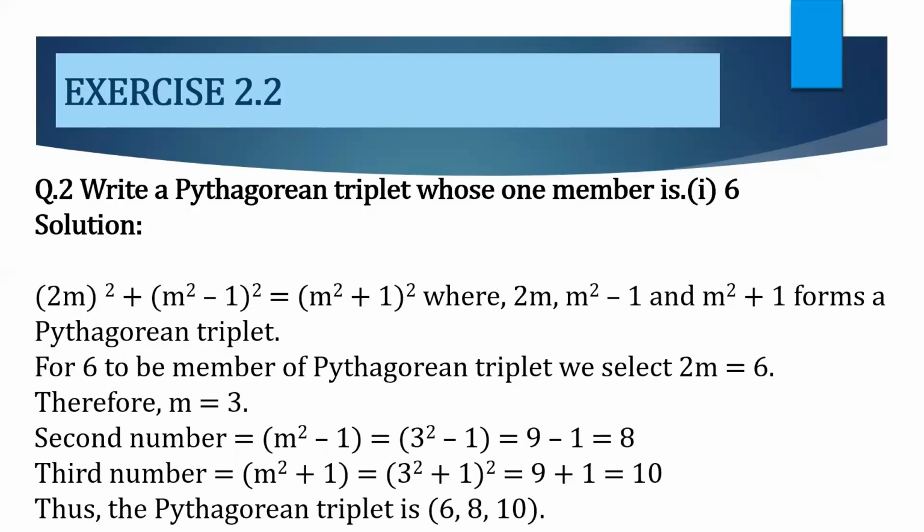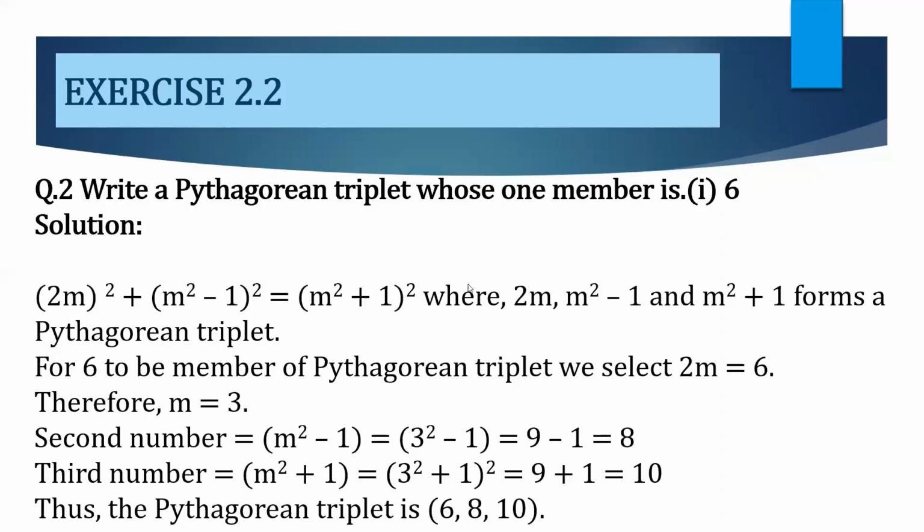Here I am selecting 2m is equal to 6, and for that the value of m I will get is 3. Now the same value of m I have to put in m square minus 1.